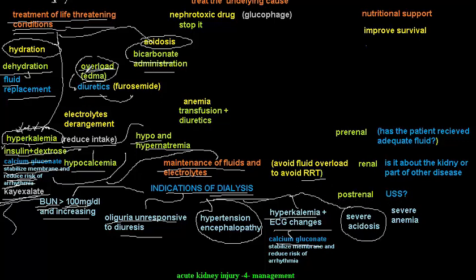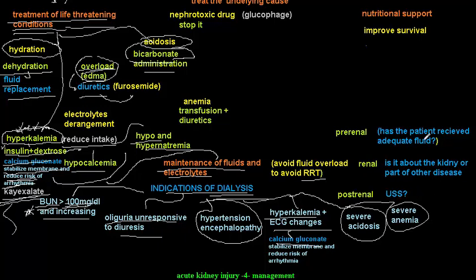Severe acidosis that you cannot solve with bicarbonate administration, go to dialysis. Severe anemia. Anything of the life-threatening conditions that you cannot deal with by drugs, you have to move to dialysis. Remember blood urea nitrogen above 100 is also an indicator, as are oliguria, hypertension, and so on.